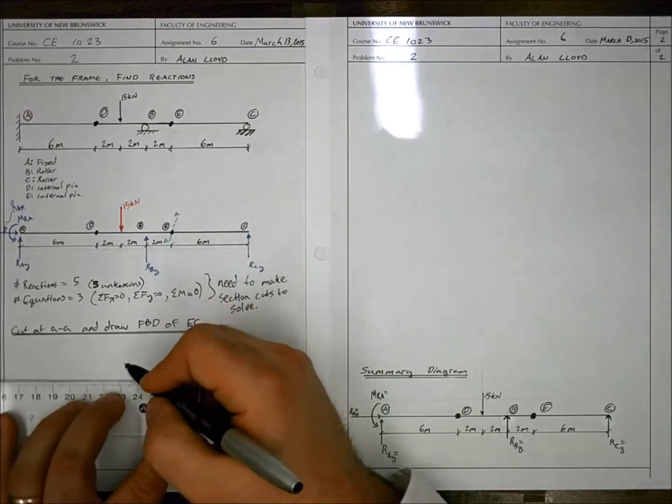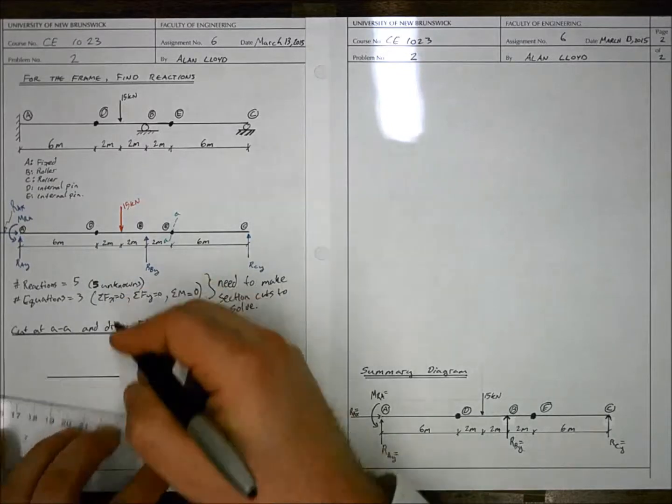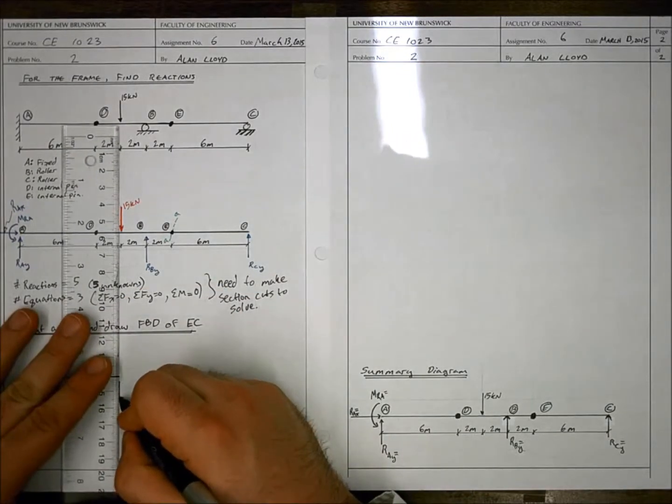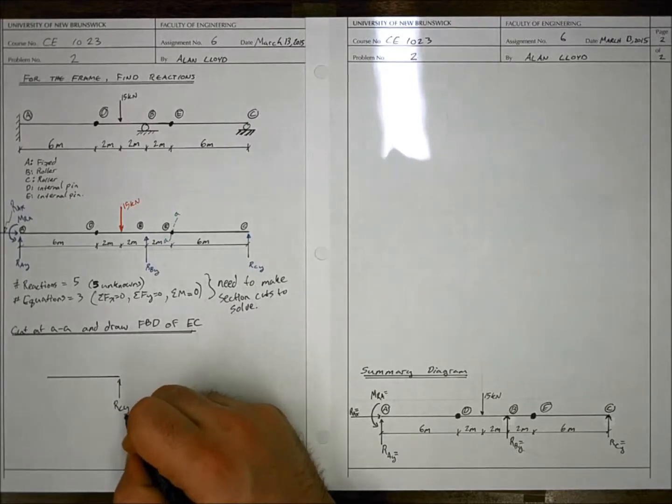And in this free body diagram, we're going to have a length of the beam. We'll have a vertical force at C. This can be called RCY.